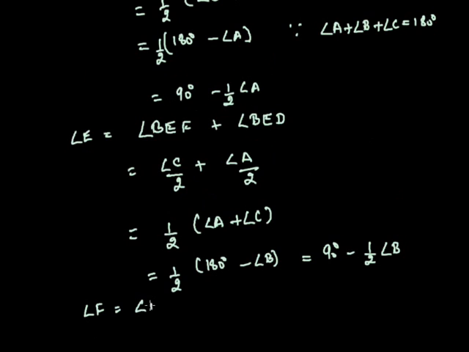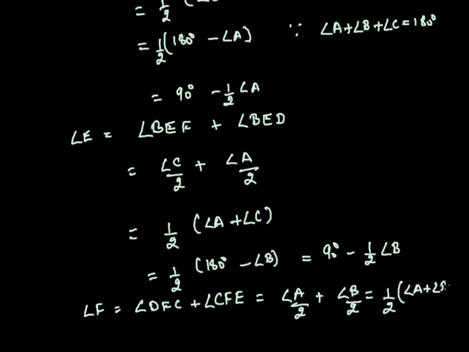Angle DFC is equal to angle A by 2 and this is angle B by 2. So half of angle A plus angle B. Now angle A plus angle B can be written as 180 degrees minus angle C. So this is equal to 90 degrees minus half of angle C.